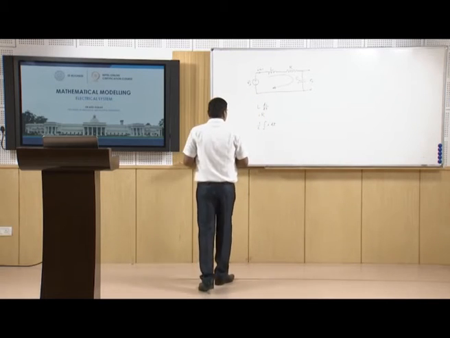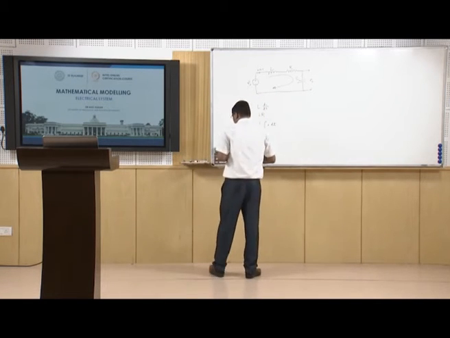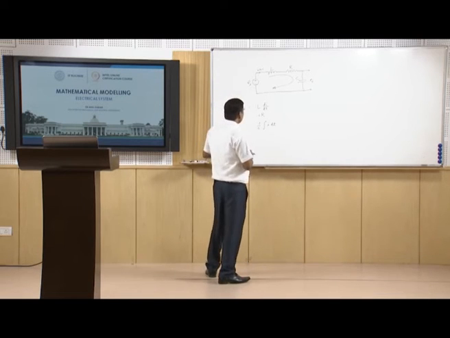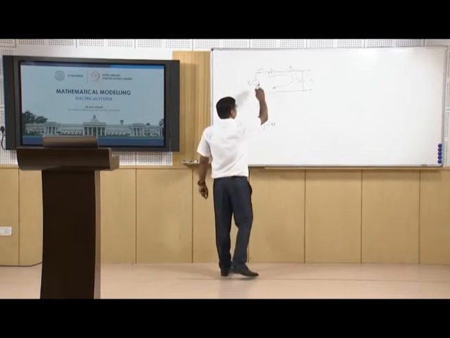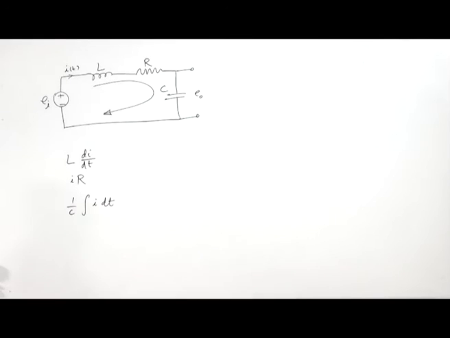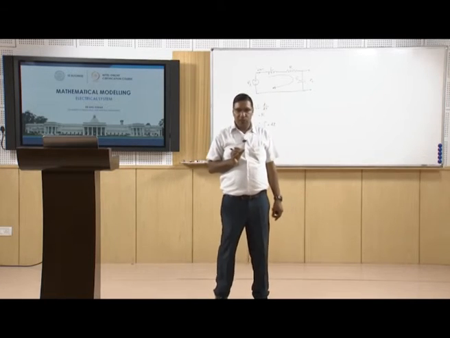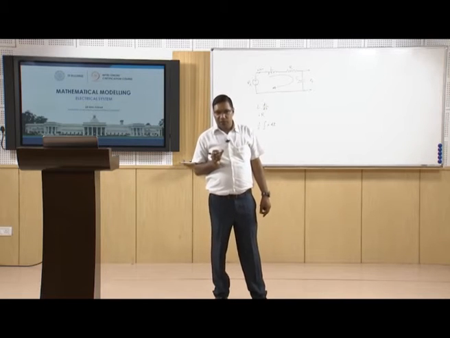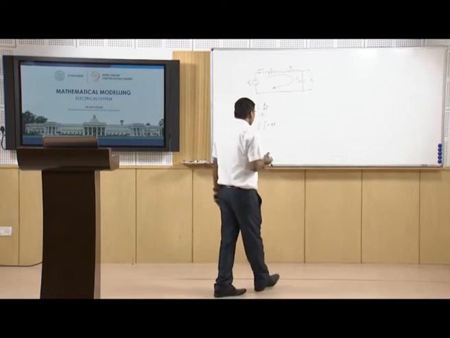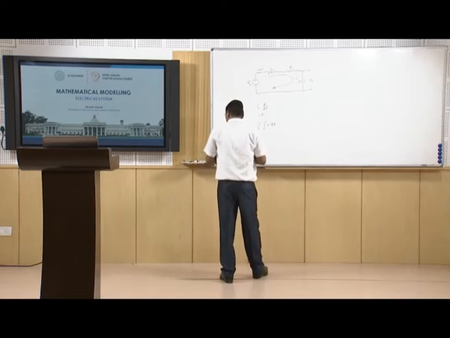According to the voltage law, we traverse through this loop and take the algebraic sum of the voltage drops and rises, which is equal to 0.